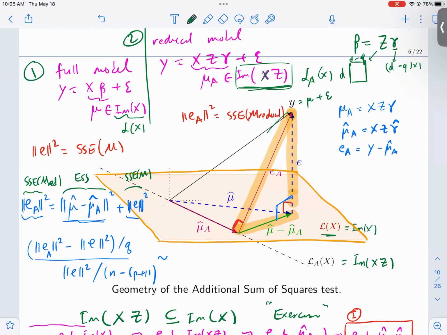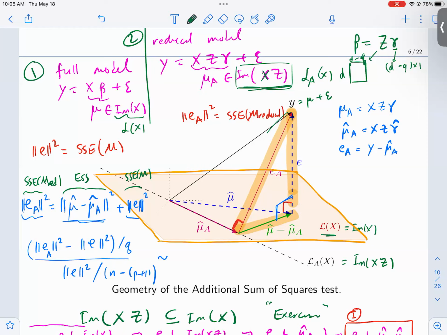Fitting a model is like projection. Explaining the variance: the variance would be like the norm squared of the errors. Not variance, but just variation. So a nested or submodel relation is just being a subspace. Models in this case are subspaces. In linear models, models are linear algebra subspaces.